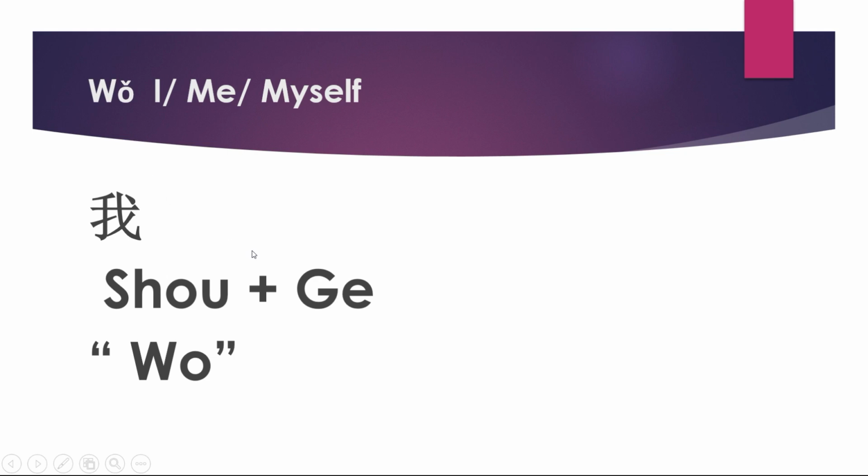So wo has multiple meanings as well. You can use it for I, me, myself, all these similar things. The reason why I didn't put anything here is that wo, I think, is very common and easier to remember in any language.